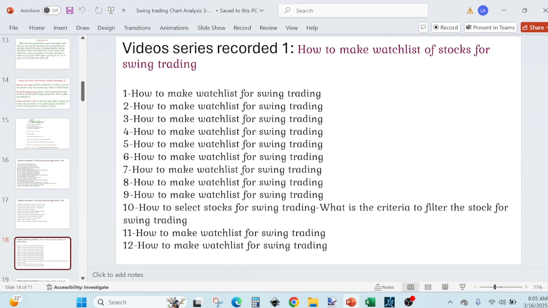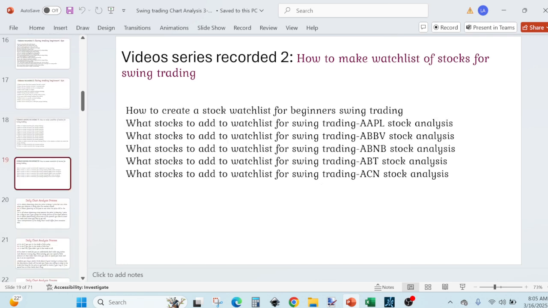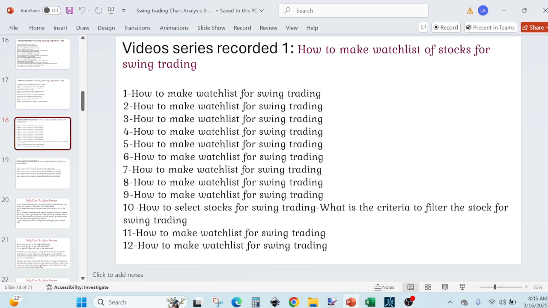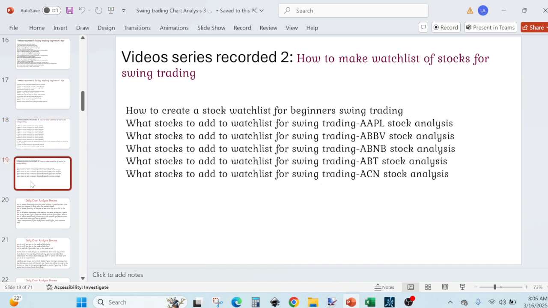And we have multiple videos on how to create your own watch list, and we started recording a new series that will start getting published once we are done publishing this series, to show you how you can put stocks you come across through some filters to decide if they are good for your watch list or not.